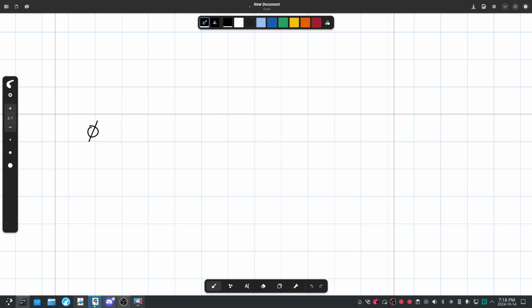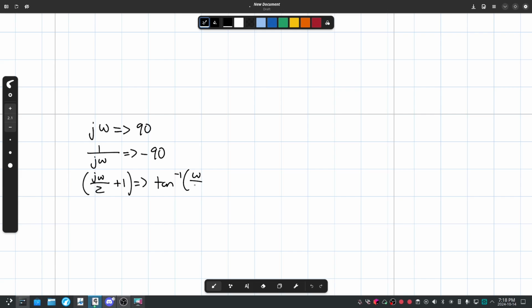Okay, so there's two rules for phases. If you have jω, this turns into a 90. If you have 1 over jω, so if you have jω as a pole, you have negative 90. Now, if you have jω over z plus 1, that's going to be a tangent inverse of omega over z.